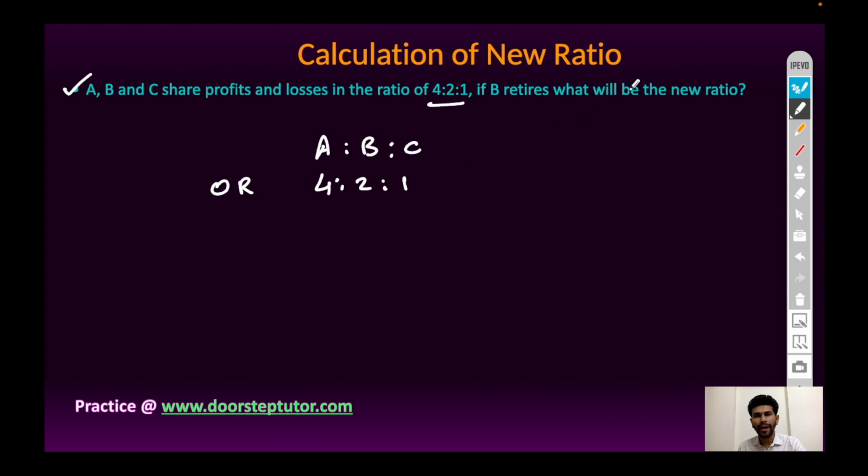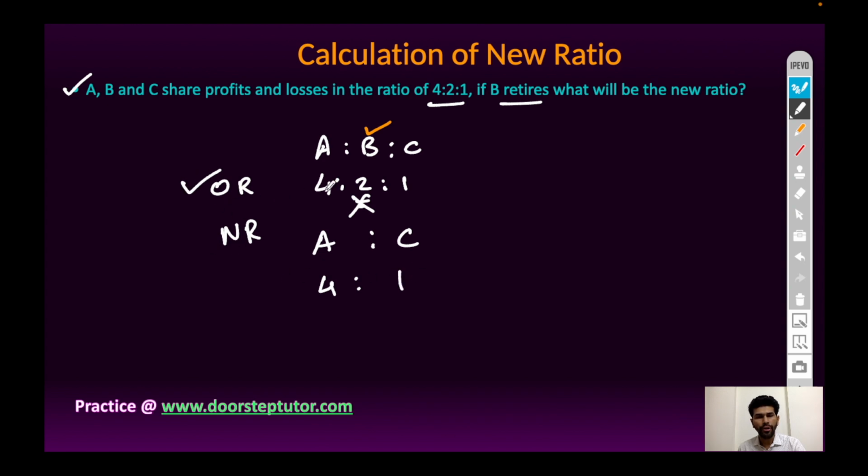If Mr. B retires, what will be the new ratio? If B retires, then his share of profit will be cancelled. So remaining partners will be A and C, and new ratio will be 4 is to 1.